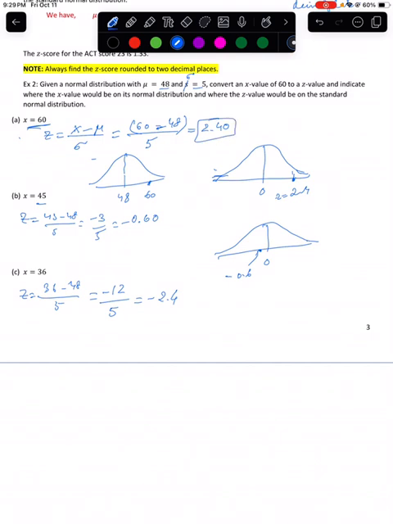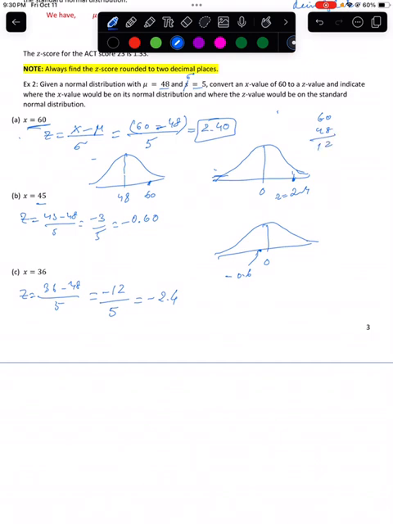And because of the symmetry, let us see if the distance between the mean and 60 and the mean and 36 should be the same. So 60 minus 48 is 12, and 48 minus 36 is also 12.